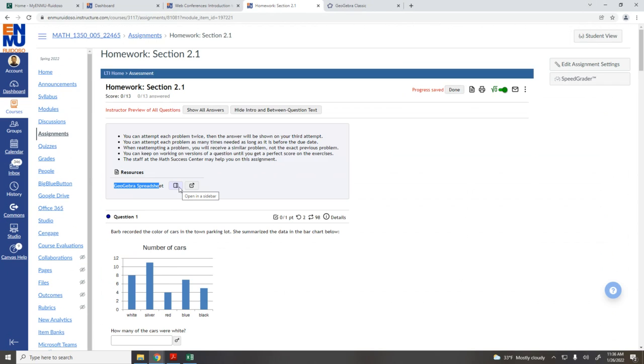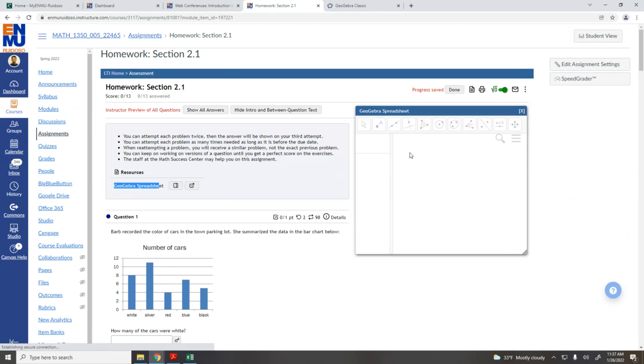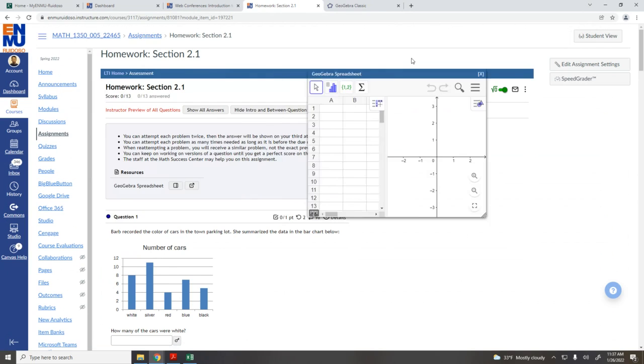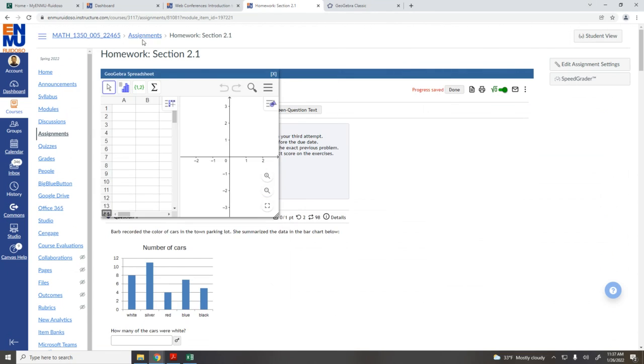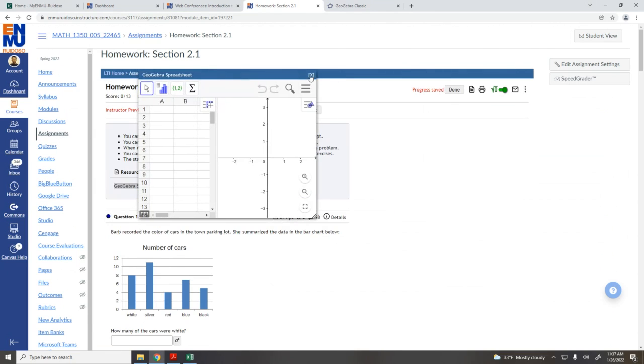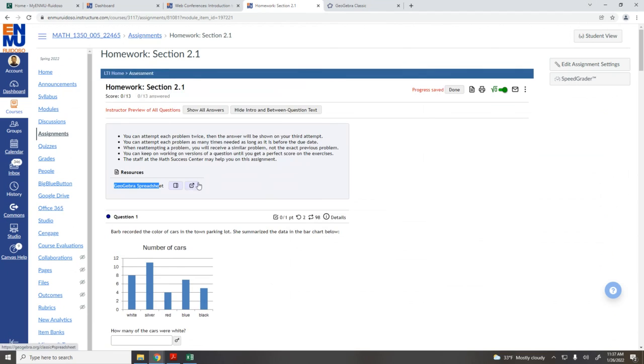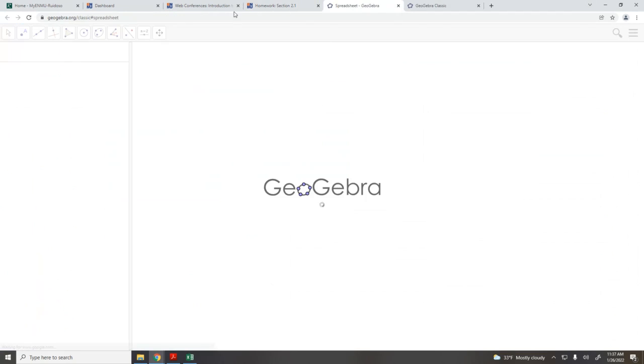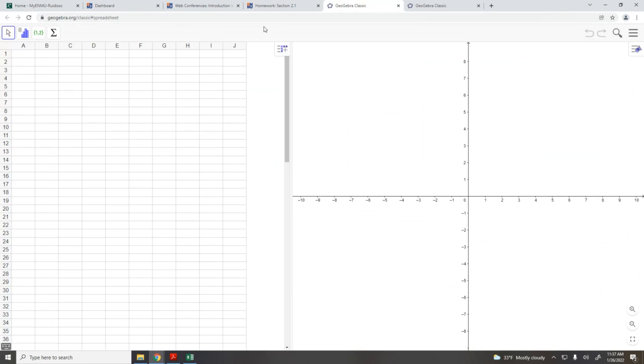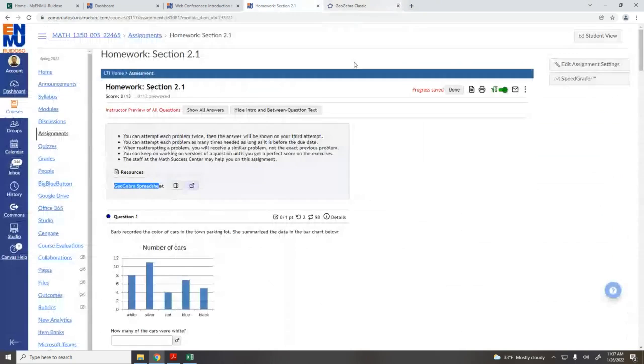That means it will just hover around in this interface. There is no option to pull it outwards or anywhere. And if you go through this sharing option, then it will just take you to the website. So there are these two ways to go to the GeoGebra spreadsheet.